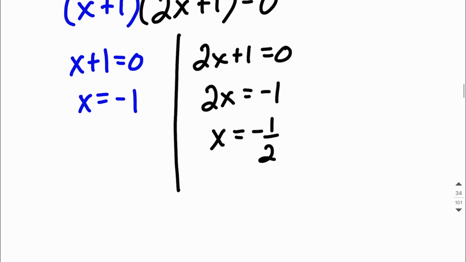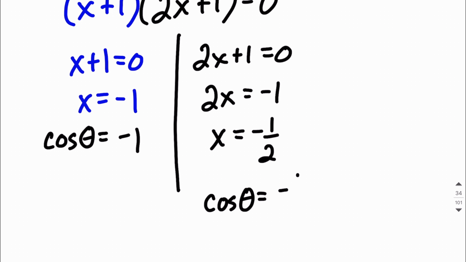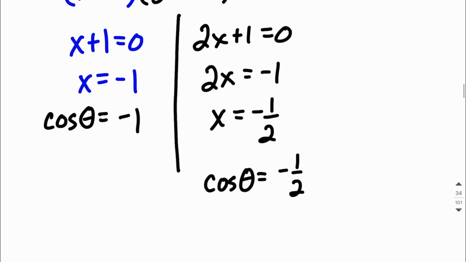So cosine of theta replaces this x, it's equal to -1. Then over here, cosine of theta is also going to replace that x, it's going to equal -1/2. So a little bit further to go. At this point, at least we have cosine of theta on one side all by itself.